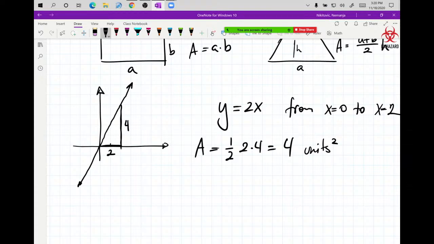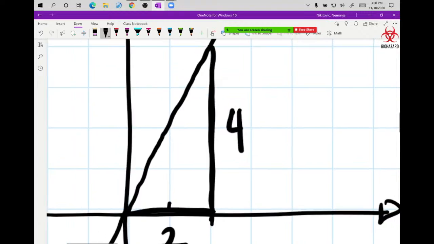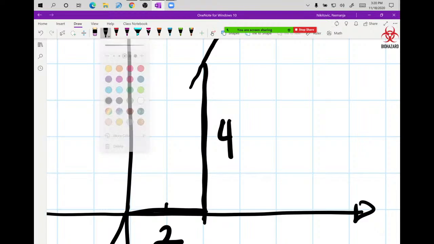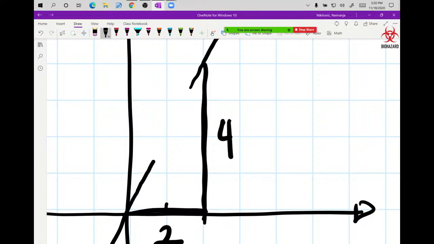Now you can actually see that. If you zoom into this, you can take this part and fit that part in here. I want to show actually physical 4 squares.